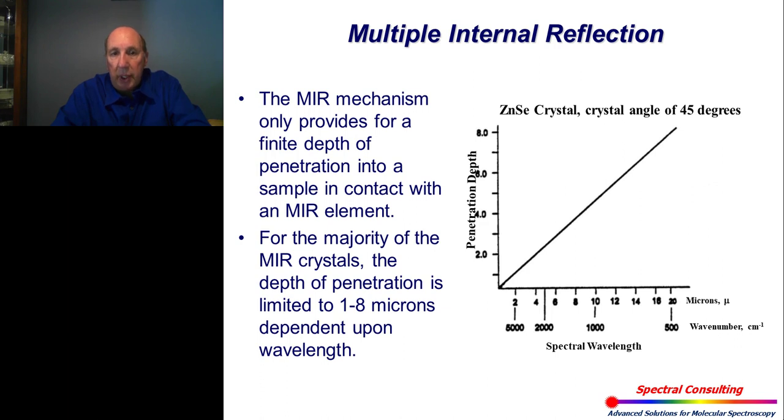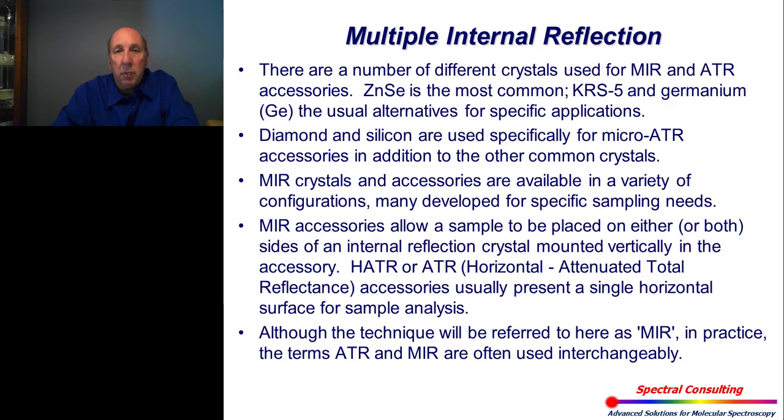So as we go from 3,000 wave numbers at about 1 micron penetration down to 500 wave numbers, where most of the body of the information is located between 1,500 and 500, the depth of penetration becomes greater and greater, all the way up to 8 microns. What happens is we get a change in the relative peak intensities as we change the wavelength.